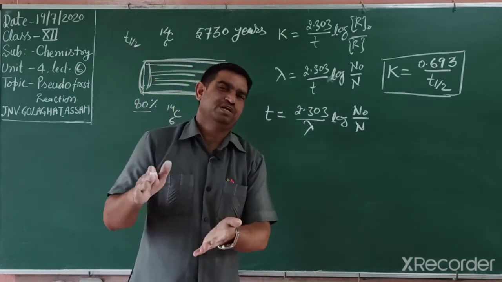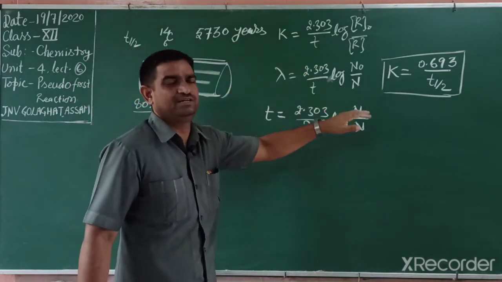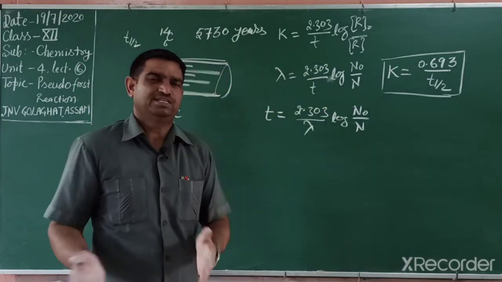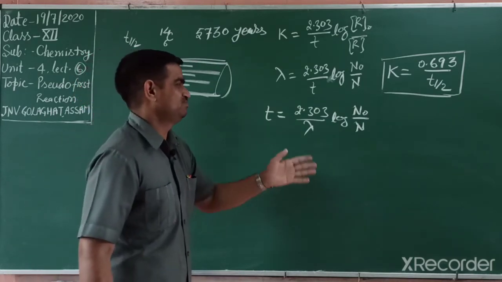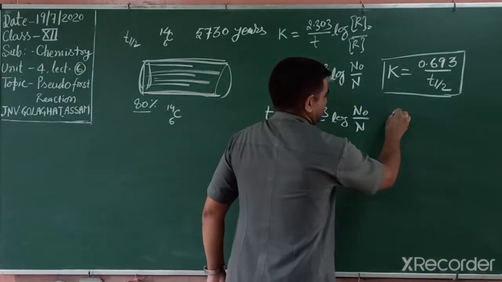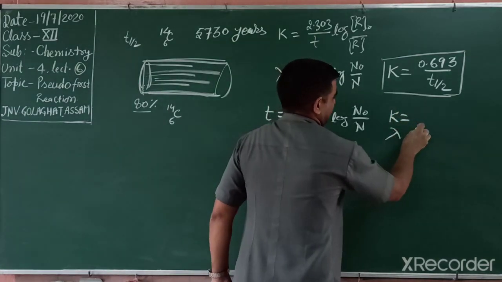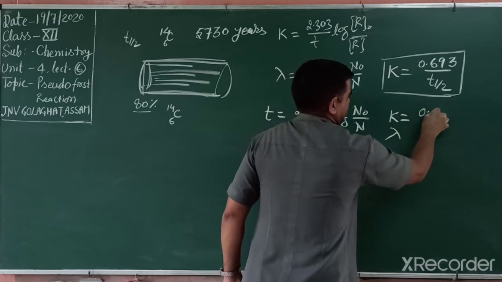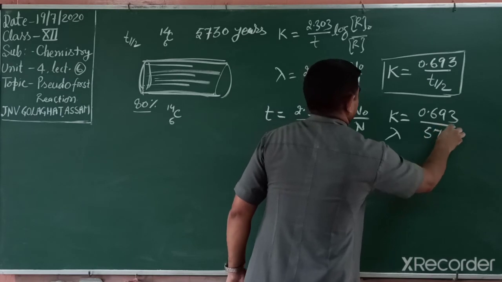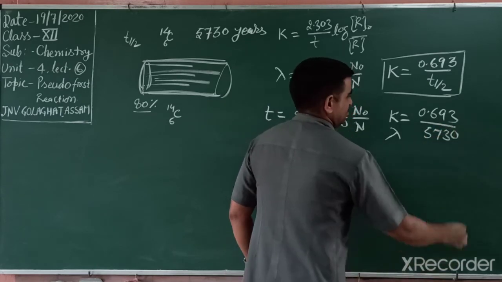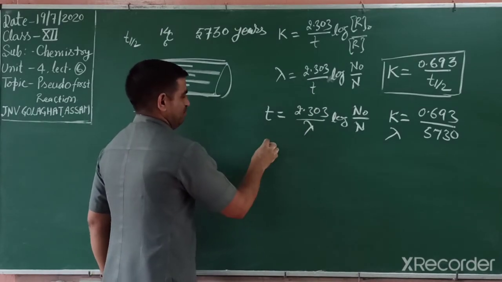For example, if it is 1 mole, after 5,730 years half a mole remains, and after a further 5,730 years, 1/4 mole remains. In this way it reduces. So how can we find k, or lambda? It is 0.693 divided by 5,730 years. So we write the value, then we solve.